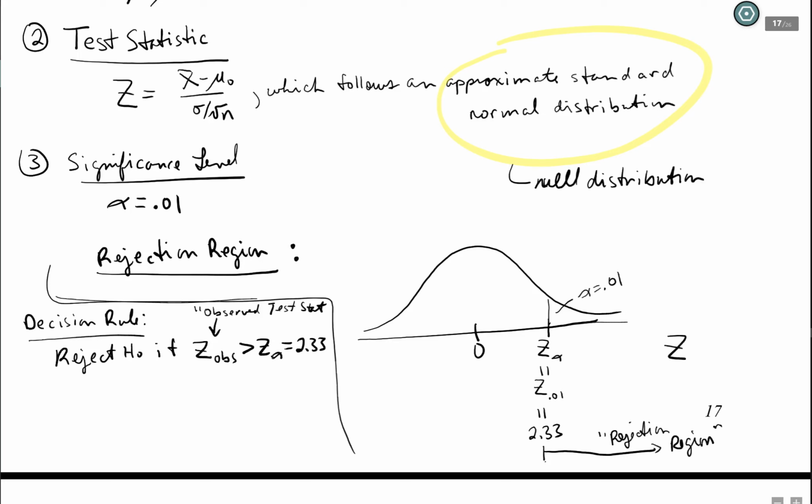I'm going to reject H naught if that's the case. Otherwise, we fail to reject H naught. Okay.